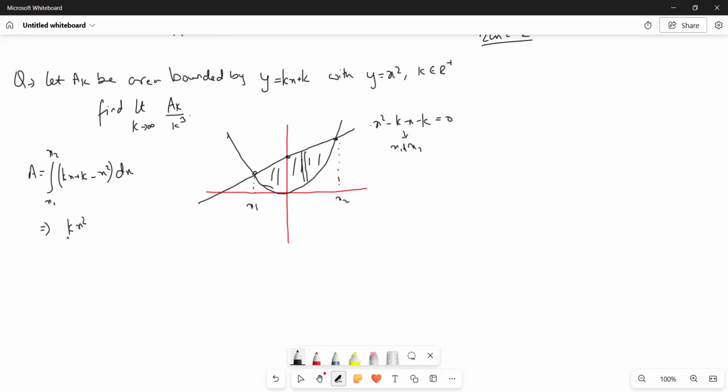It will be kx square by 2 plus kx minus x cube by 3 going from x1 to x2.